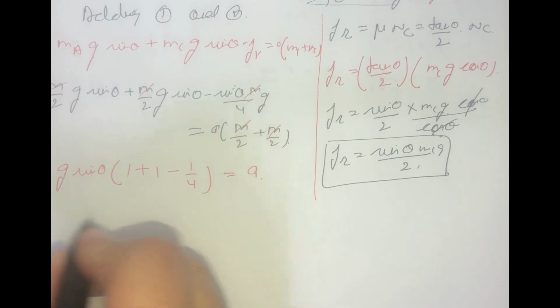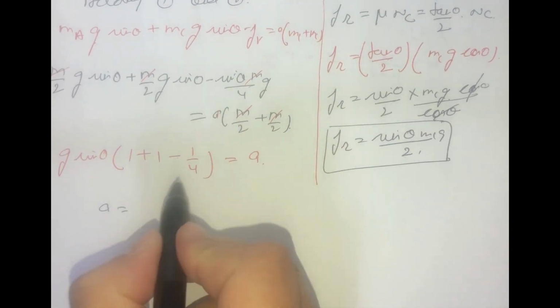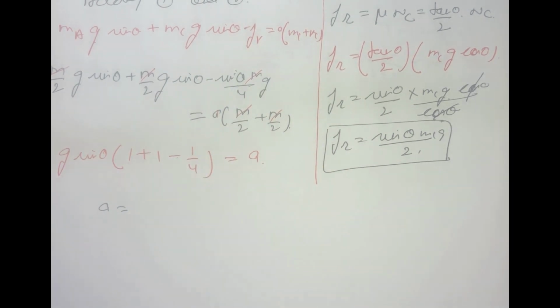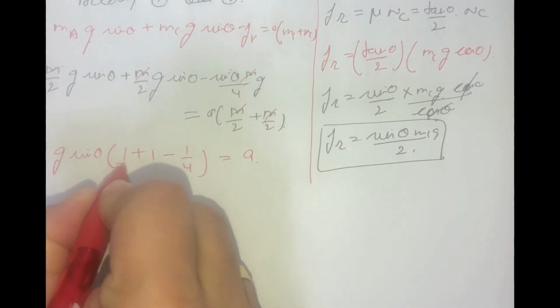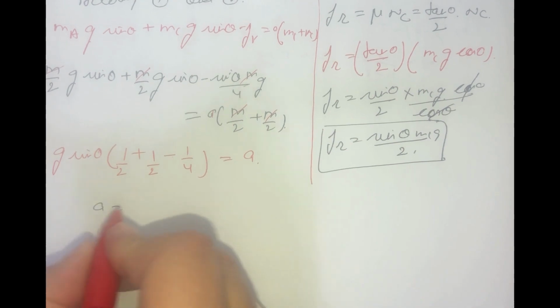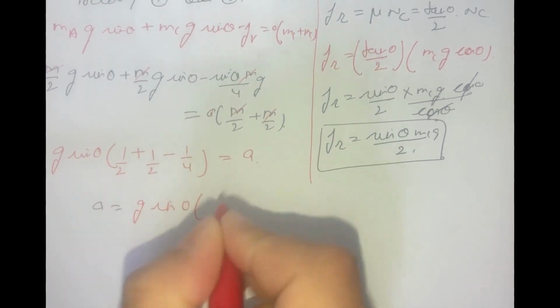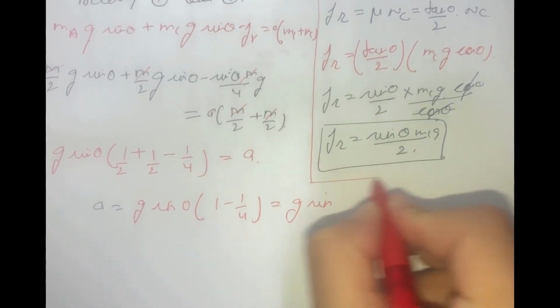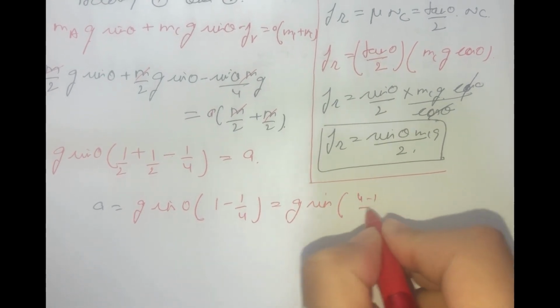and we get the acceleration A will be equal to, this will be 8, and the LCM will be 4, so this will be 8 minus 1, so this will be our 1 by 2 and 1 by 2, and so we get acceleration A is equal to g sine of theta, this will be 1 minus 1 by 4, which will equal g sine of theta 4 minus 1 divided by 4.